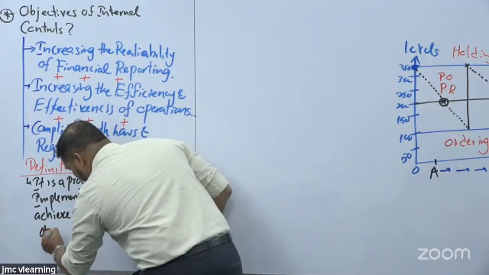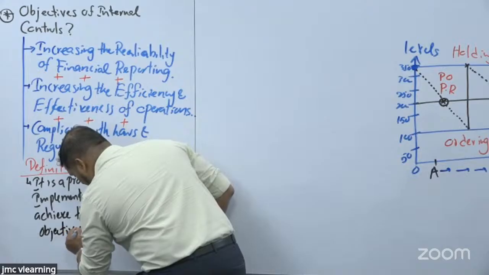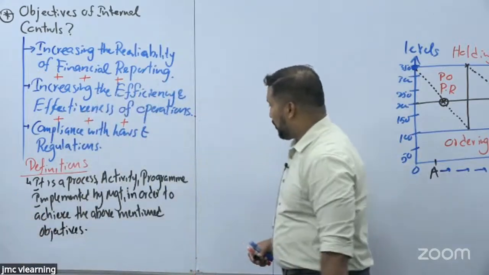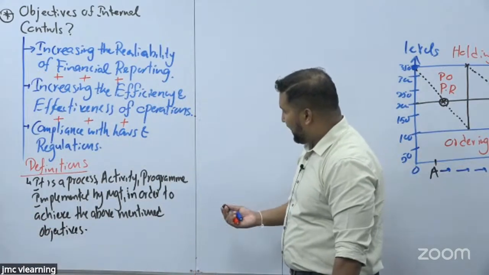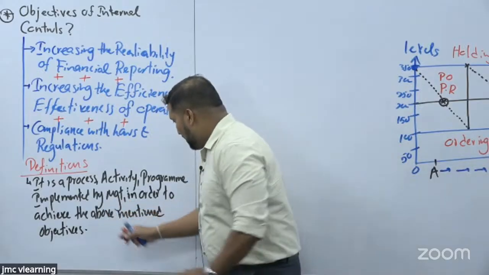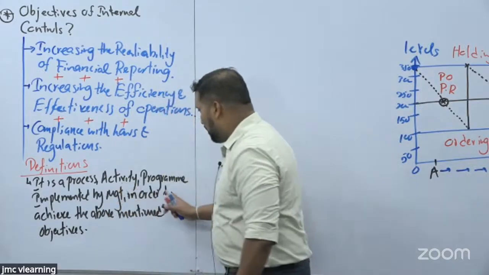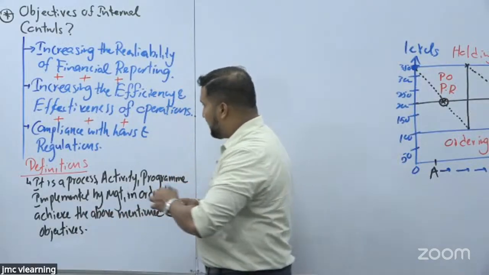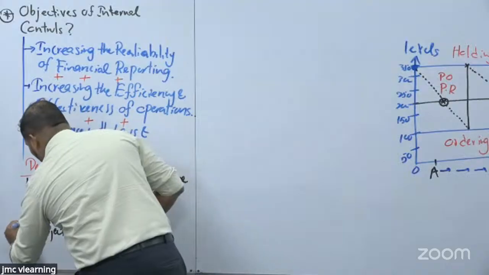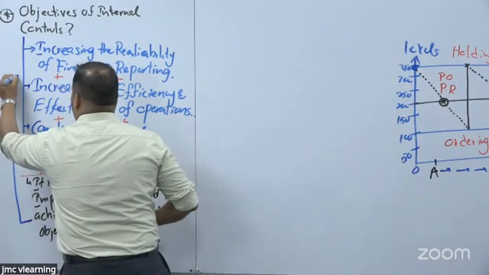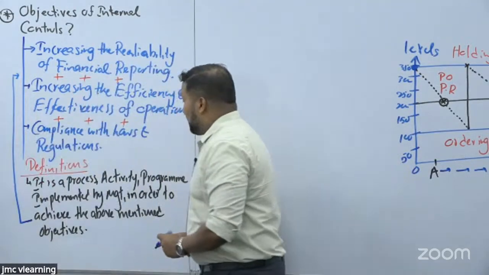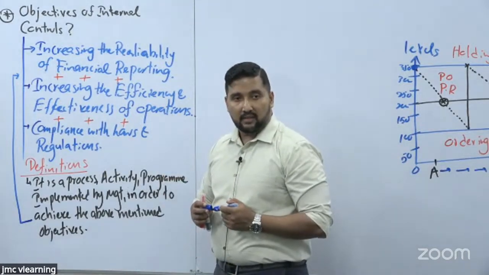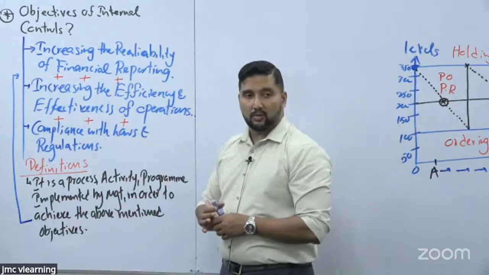Very simple. It is a process, activity, program implemented by whom? By management in order to achieve the above mentioned objectives. What do you mean by above mentioned objectives? These are the objectives. Those are considered as internal controls.